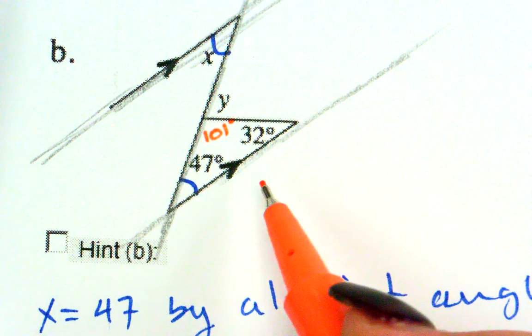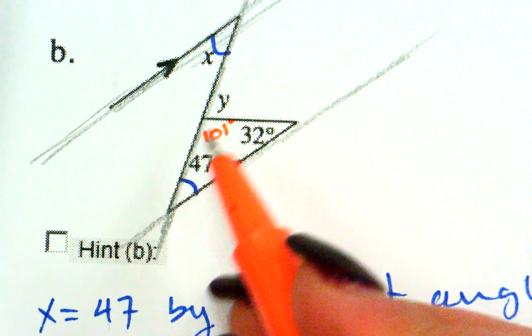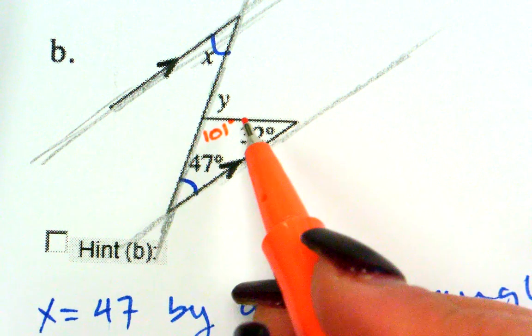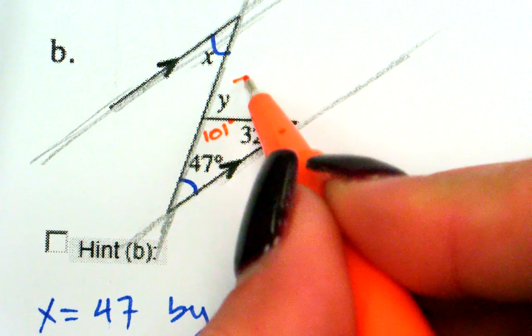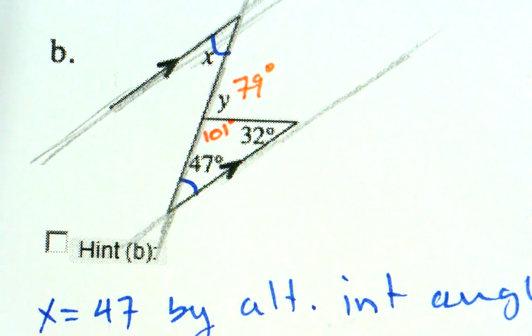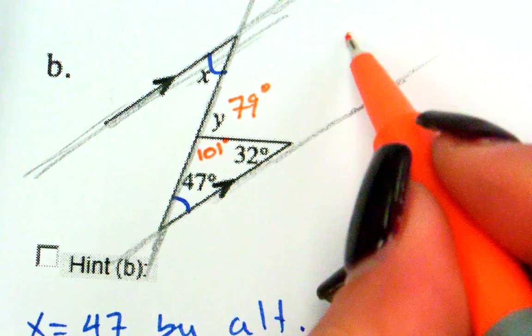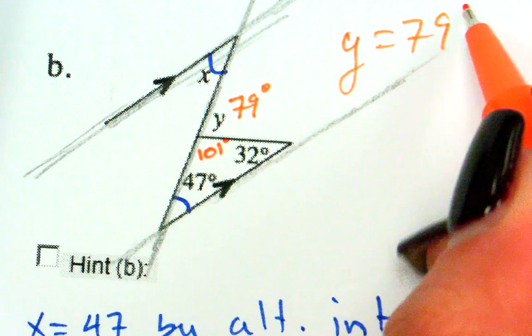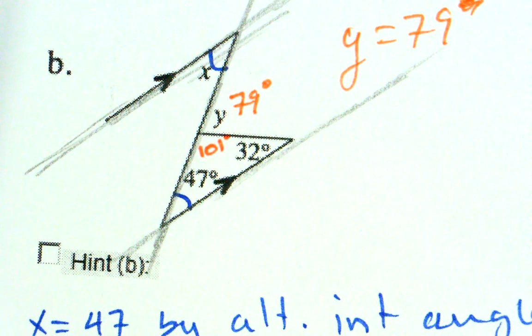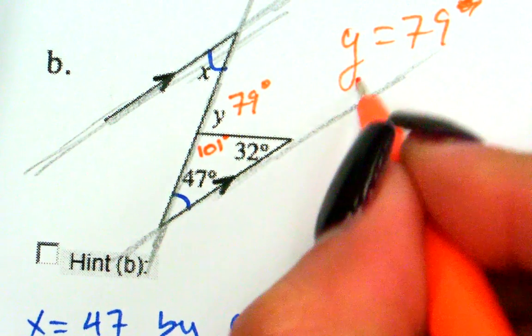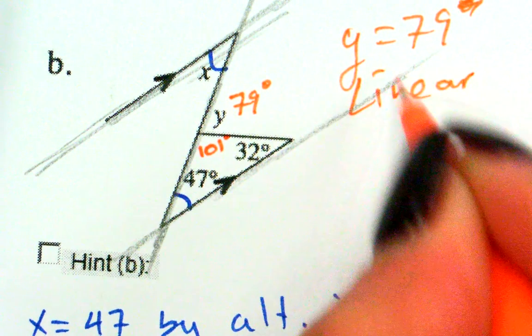And 101, 32, and 47 all add up to 180 in this little triangle right here. So y is equal to 79 degrees. Just y equals 79, you don't need degrees. And your reason is linear pair.